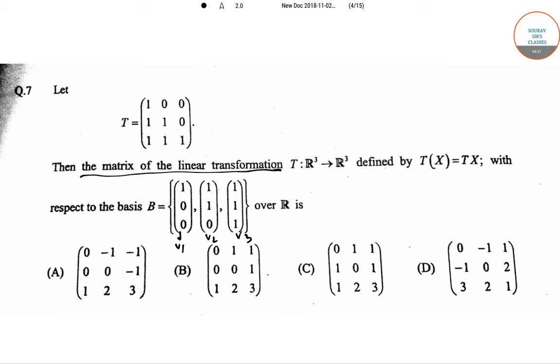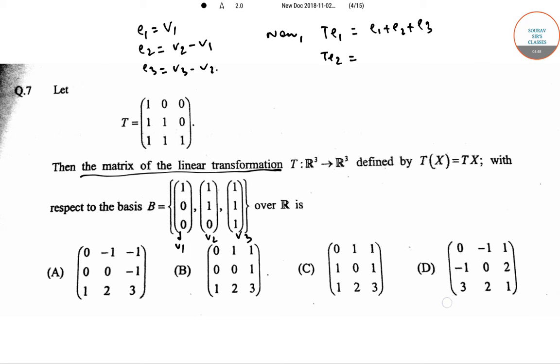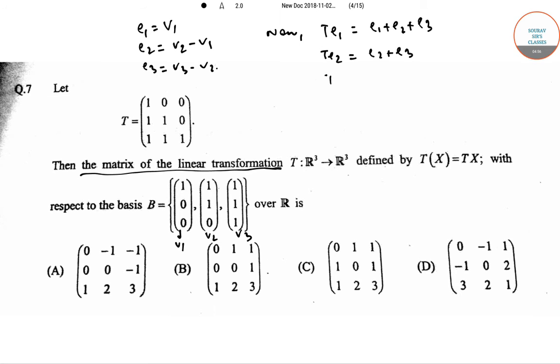Define E1 to be equal to V1, E2 to be equal to V2 minus V1 and E3 to be equal to V3 minus V2. Now TE1 is equal to E1 plus E2 plus E3 and TE2 is equal to E2 plus E3 and TE3 is equal to E3.